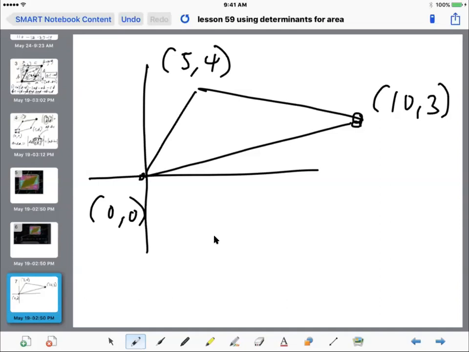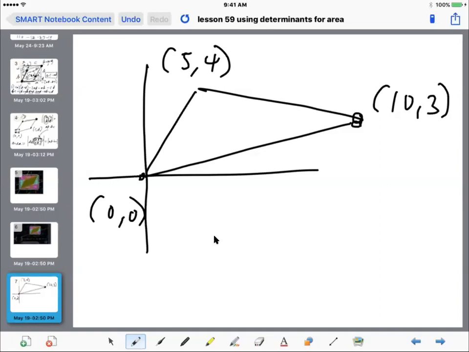Oh, good. I do see 12.5 as the answer. And I see from Chelsea 12.5 with a determinant, and that's right.